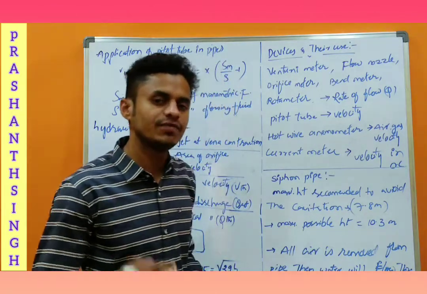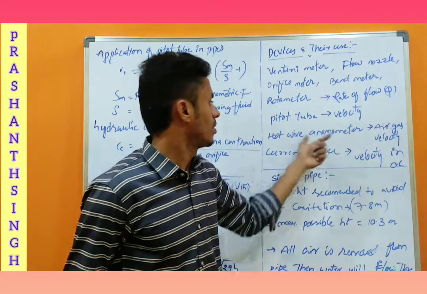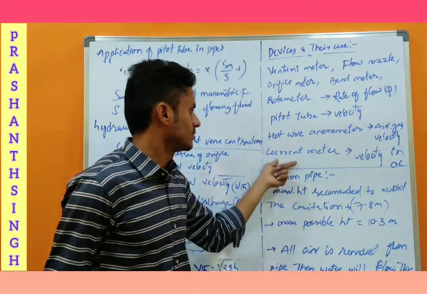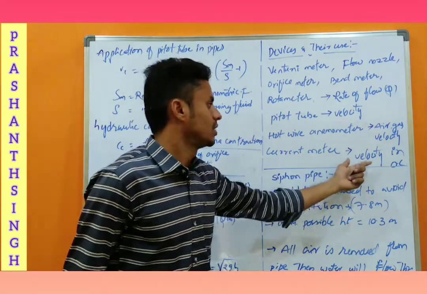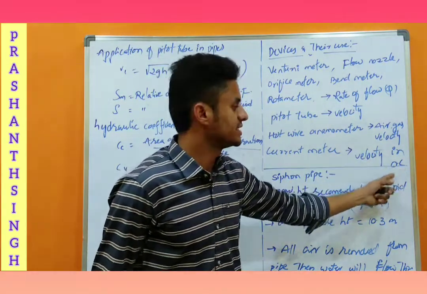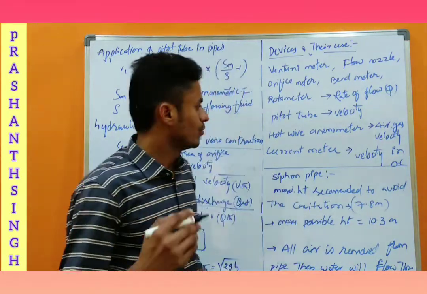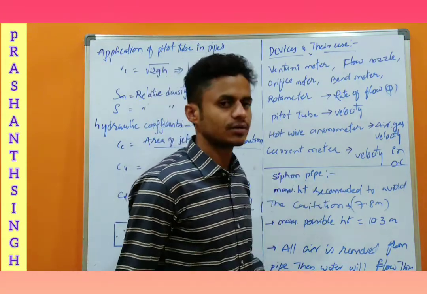The current meter is used for velocity in an open channel. In the open channel, we calculate the velocity by using the current meter.